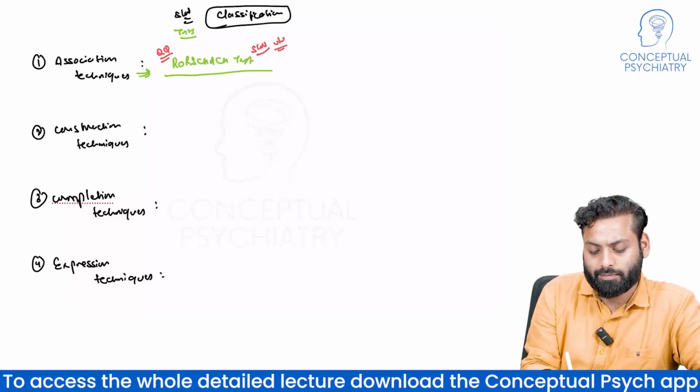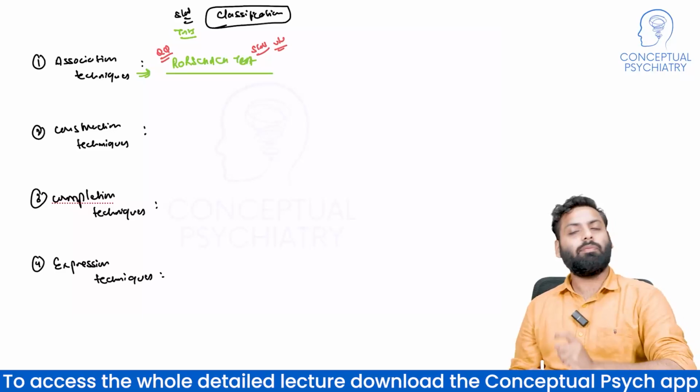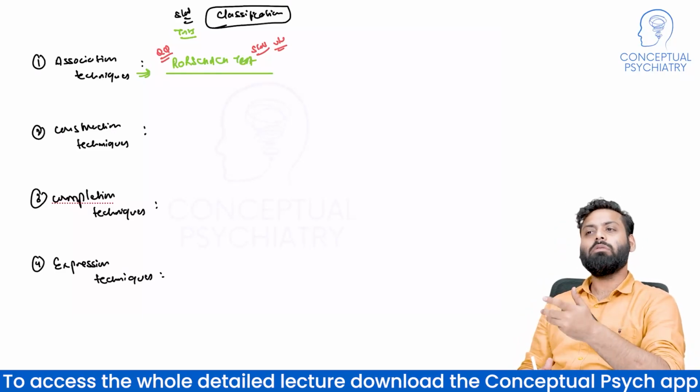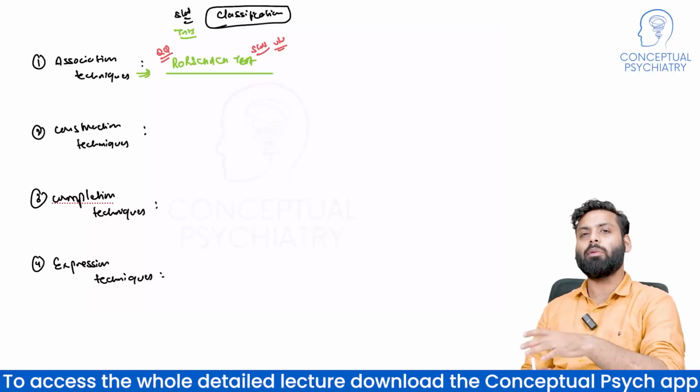What happens is that in places where the psychology department is not there or not functional that well, you will not be able to see the Rorschach, but you will hear about it a lot in your rounds, and from your PG entrance exam knowledge you have heard about Rorschach. But if you don't see it, you will not get the hang of how it is done, right?